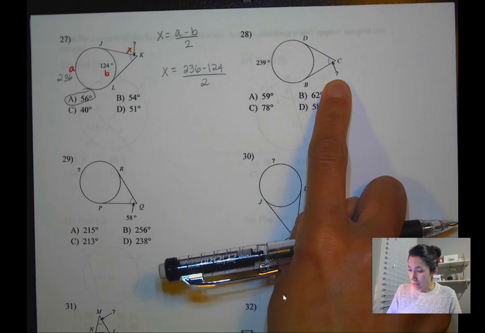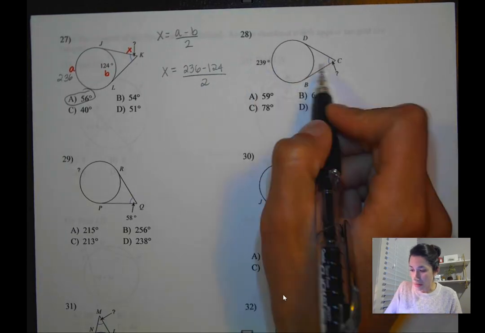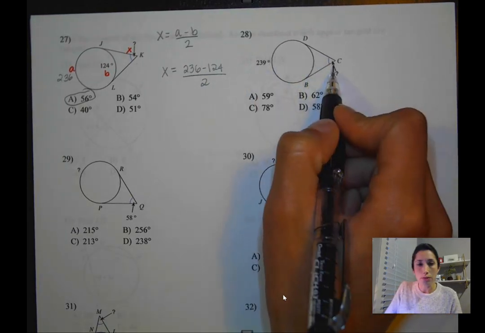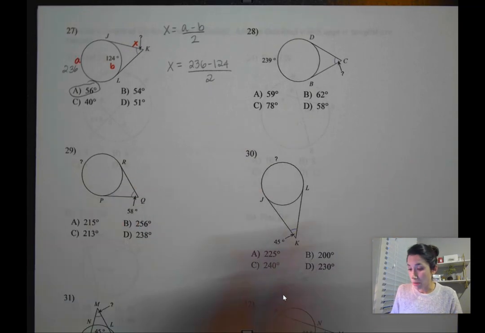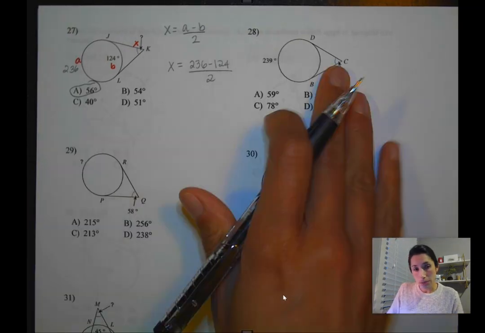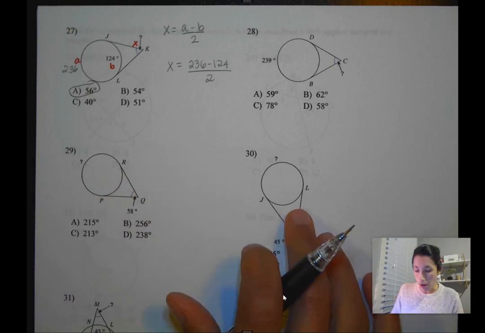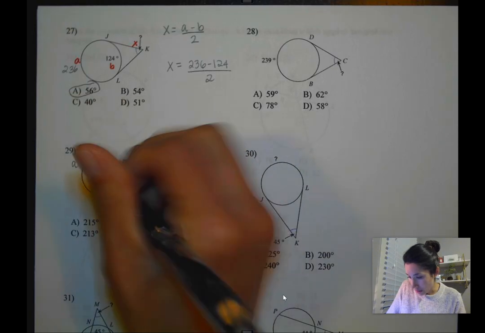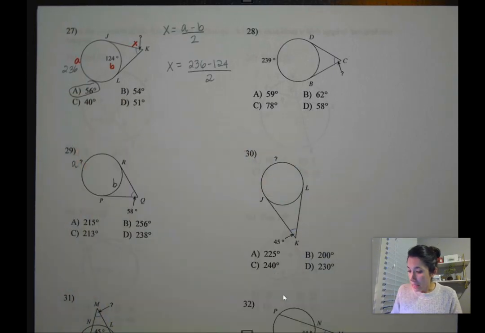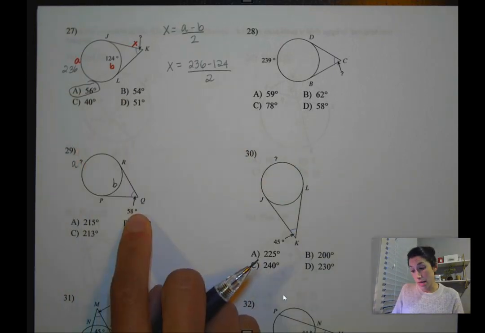Same on this question. This would be the A, this would be the B, and this is the X in the formula. These 4 questions are all kind of similar, and our variable for these 2 is in the same spot, and our variable for these 2 is in the same spot. So let's call this A, let's call this arc here B, and then we have 58.